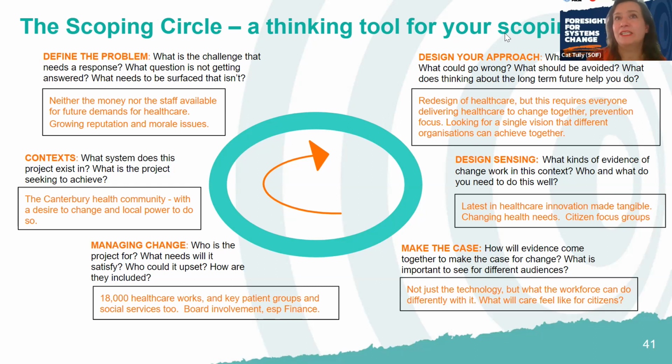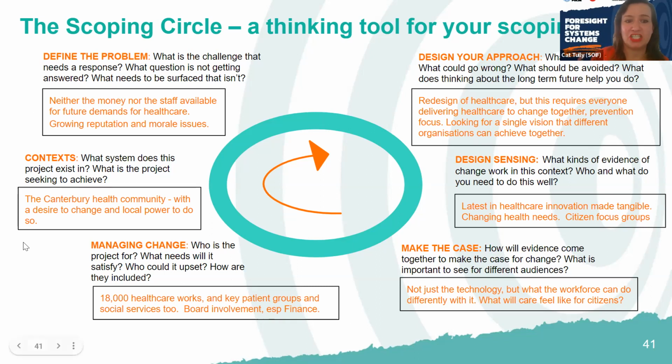It then meant, in terms of sensing, that they needed to get evidence from experts, from the technology side of the house, because there's lots of interesting new developments, but also you need citizen focus groups as well as workforce focus groups, because there's changing health needs, but also you need to bring the health workforce on board. Making the case, really helping people explore with citizens, what is care going to feel like for citizens? How do you make the case for why technologists might want to get involved and to support this and be part of this process?